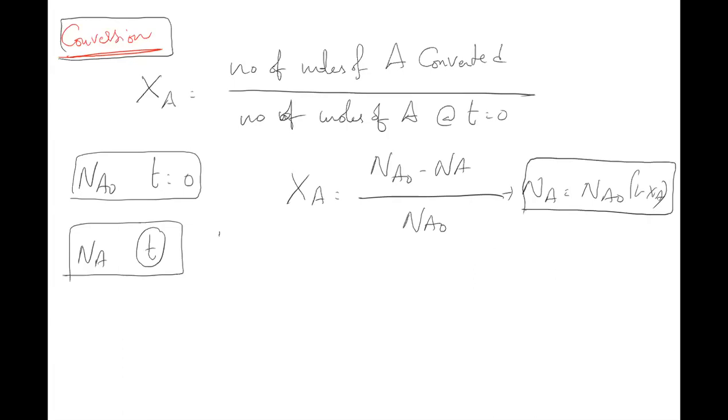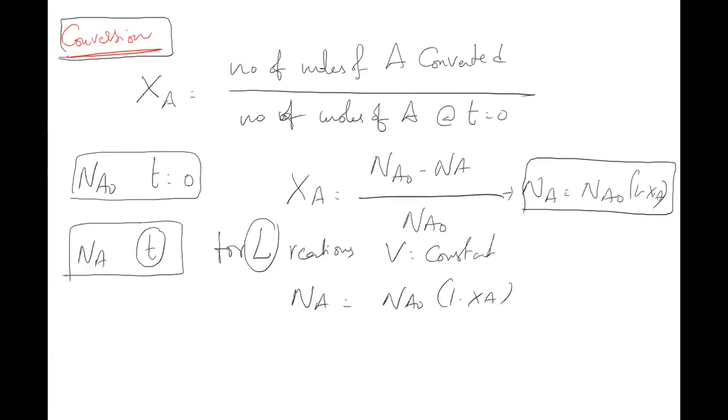Now, this is important. For liquid phase reactions, the volume is constant. Na equal to Na naught into (1 minus Xa), divided by V naught in both cases. So V naught and V are equal, because at time t the volume V is equal to V naught, since it is a liquid phase reaction.